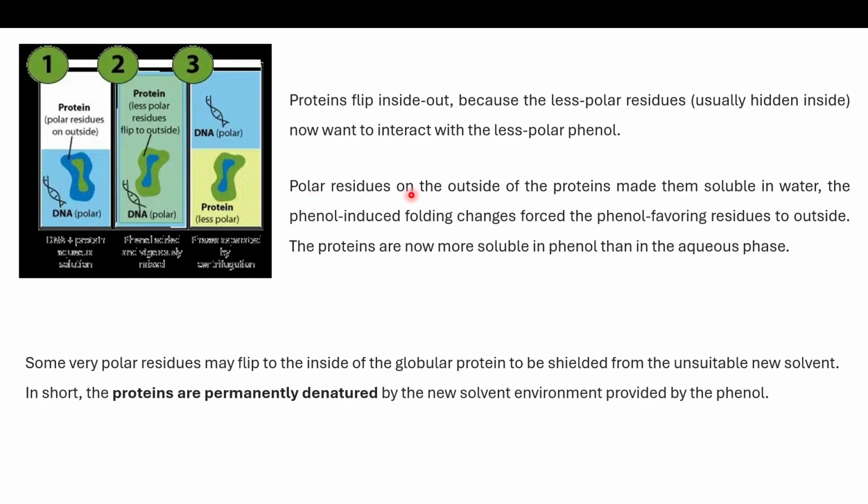Polar residues on the outside of the proteins made them soluble in water, and the phenol-induced folding changes force the phenol-favoring residues towards the outside. Now the proteins are more soluble in the phenol phase rather than the aqueous phase.